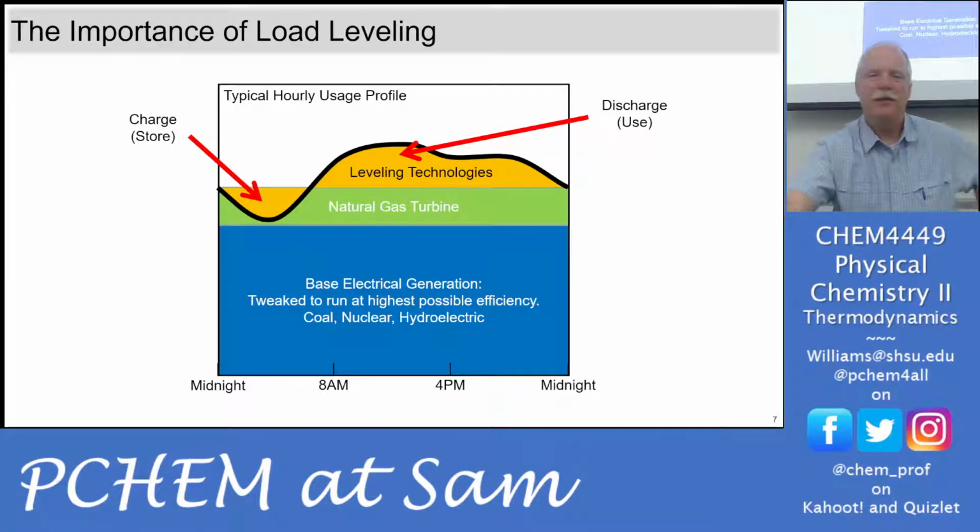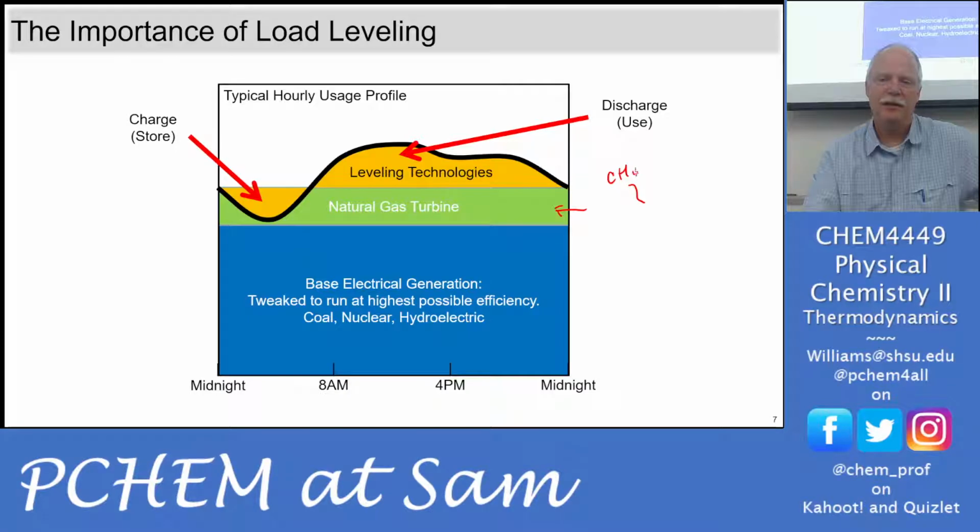And so then I was talking about this load leveling idea, and we can do this every day. There's some sort of load leveling that needs to occur. And so what we'll do is we'll take these large power plants, this coal, nuclear, hydroelectric, and that will be the base electrical generation. And the real efficiency gains have come from natural gas turbines to do the load leveling, because this is essentially what we looked at with the combustion sources.